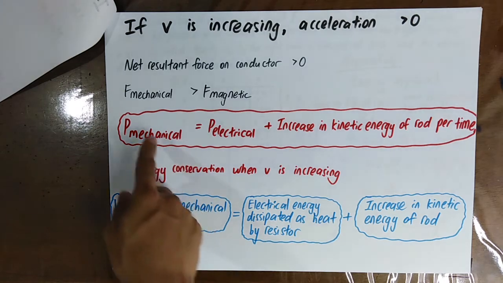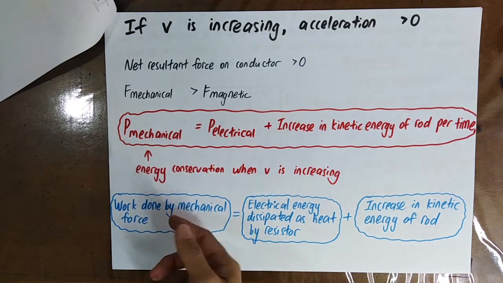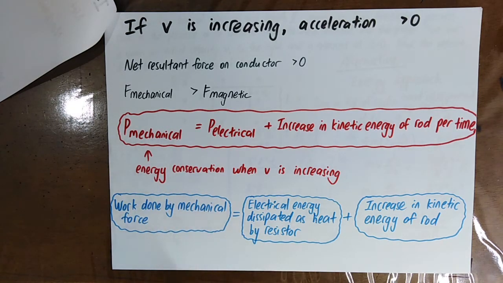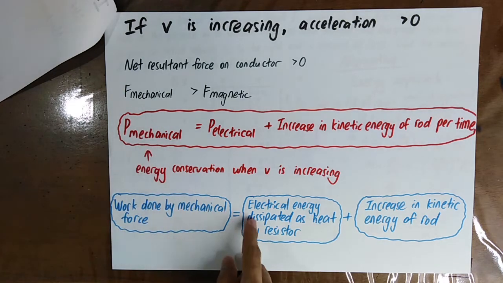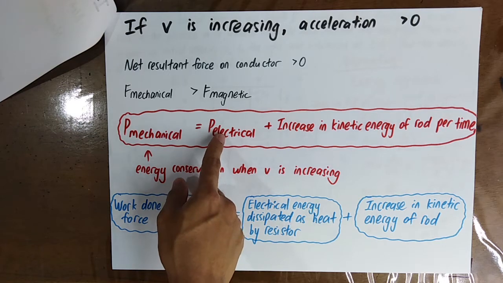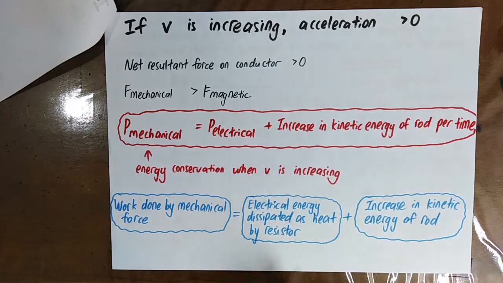If you don't want to use power, then you can also use work done, because power equals work done divided by time, because power equals energy divided by time. So the work done by the mechanical force is equal to the electrical energy dissipated as heat by the resistor and the increase in kinetic energy of the moving rod.